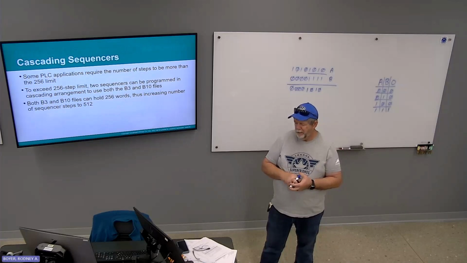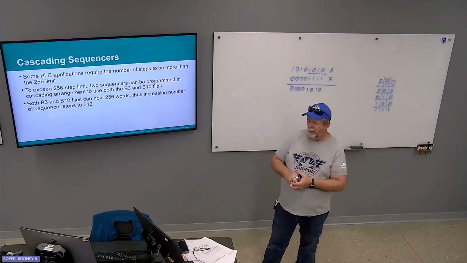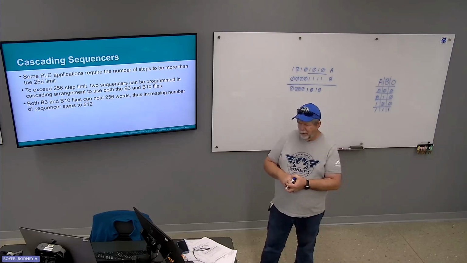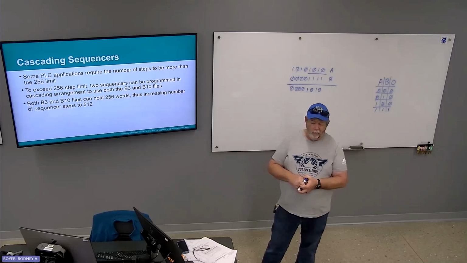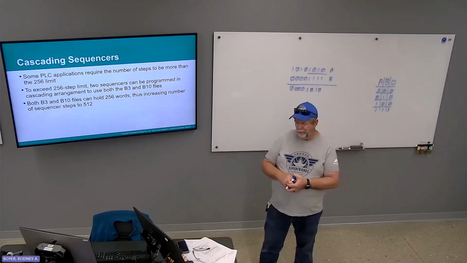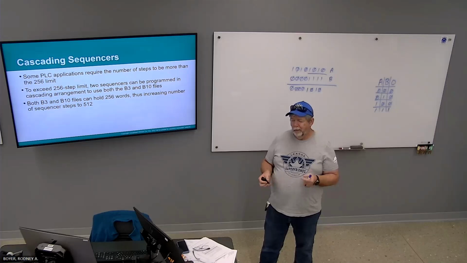Cascading sequencers. Some PLC applications require the number of steps to be more than 256. That is the maximum you can have on any one sequencer, so you can create two of them.